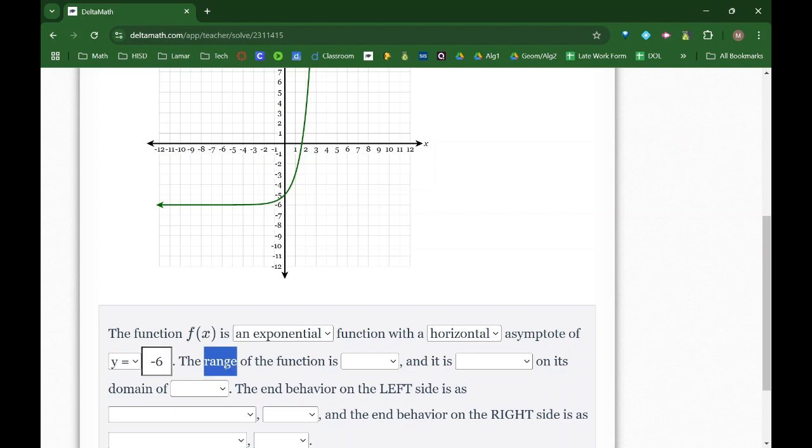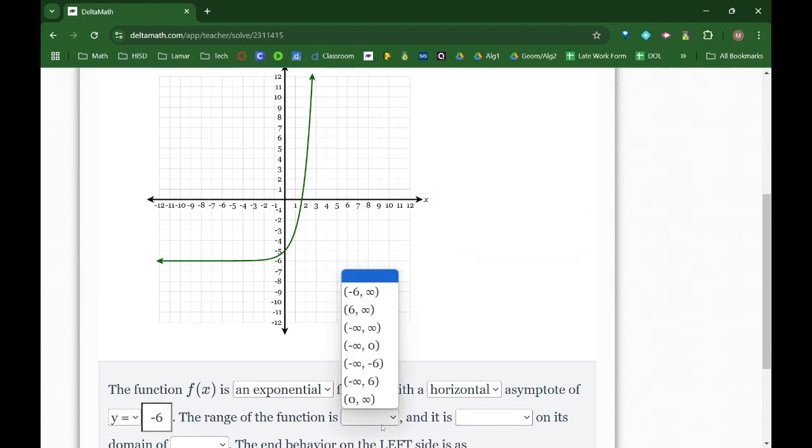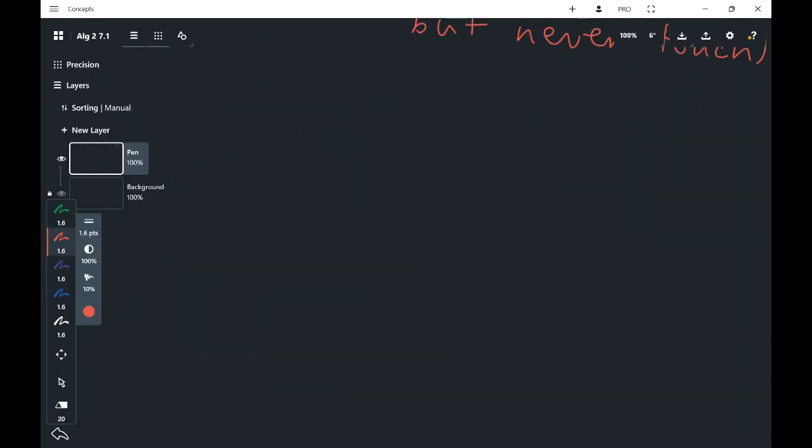The range. Now, when we see the word range, we're thinking y values. The range of the function is, whoa, we have a lot of different intervals, so let's try to think about this. Our range, our y values, they don't go down forever, right? Our y values approach -6, but this is never going to equal -6. So that means if I were to write this in interval notation, it would look like (-6.